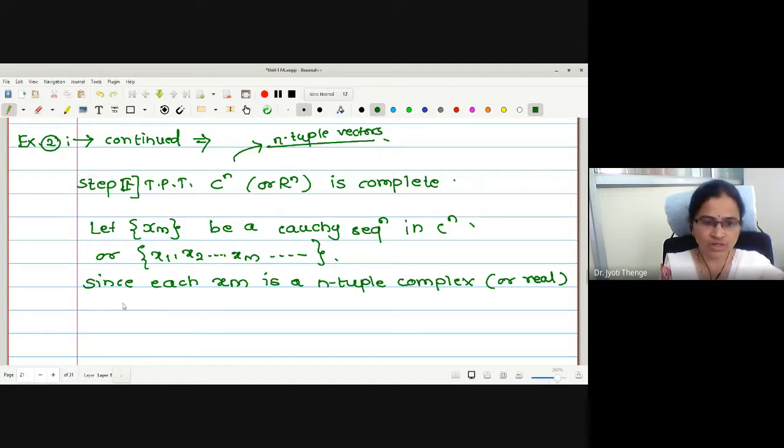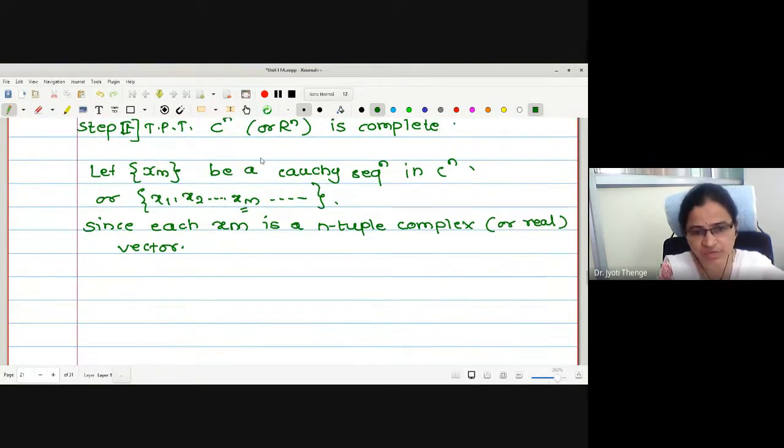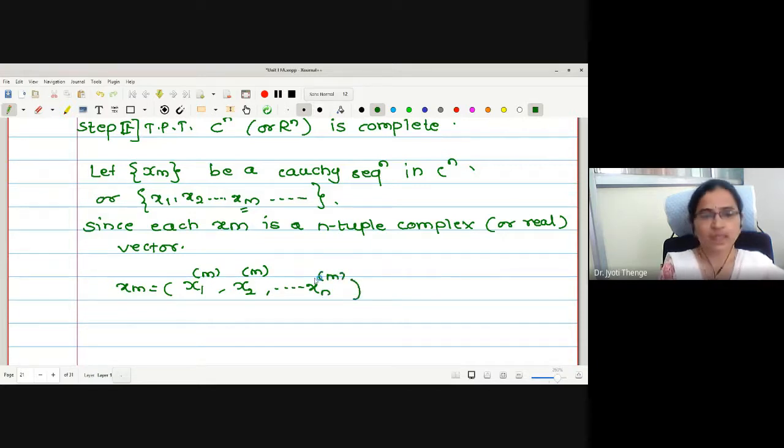Therefore, if I take this arbitrary xm, this xm is having n tuples. I am going to denote the n tuple of this xm as x1m, x2m, so on, xnm.